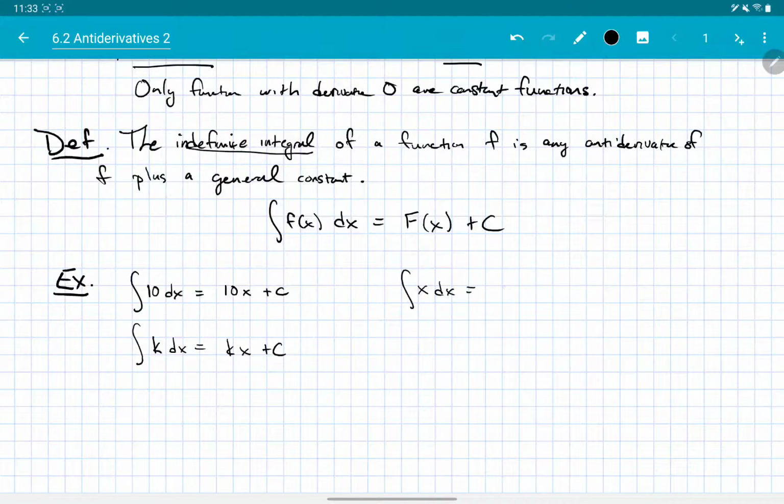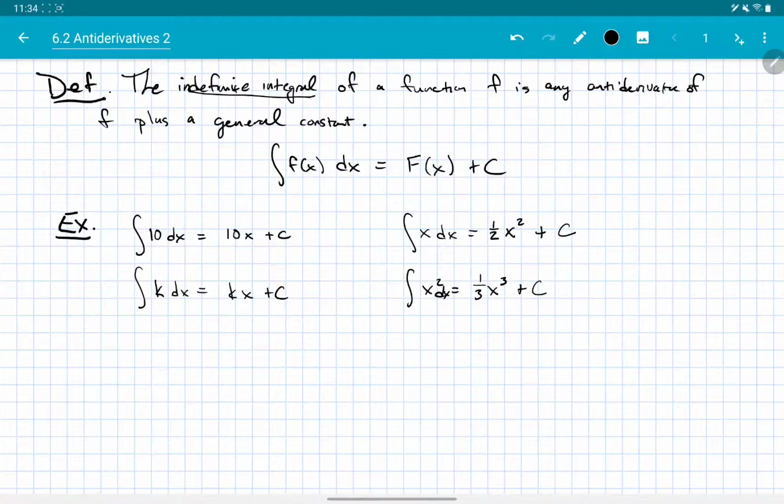Well, what function has derivative x? Well, x squared, right? But the derivative of x squared is 2x. So we put a 1/2 there. And then, of course, we also need plus a constant. The antiderivative of x squared is 1/3 x cubed plus a constant. Right?